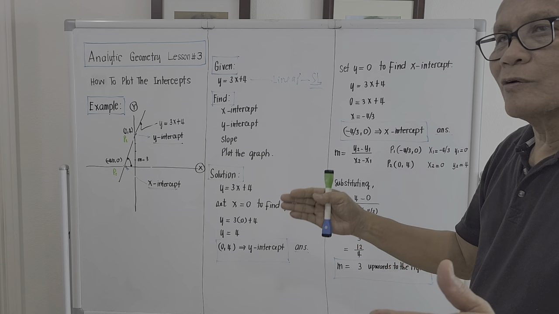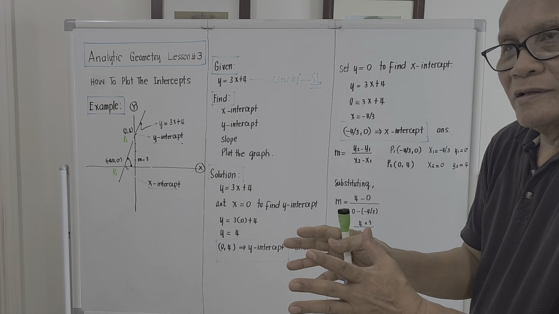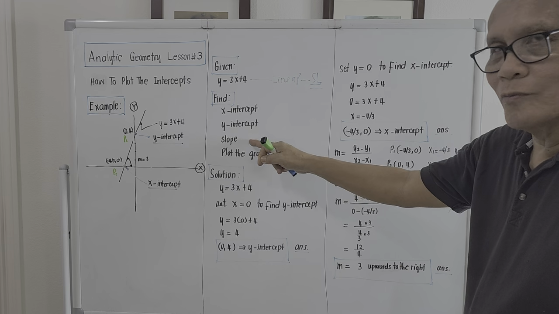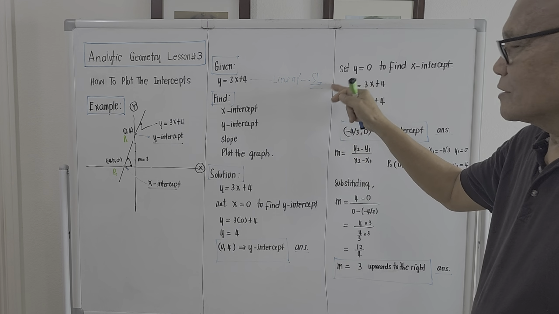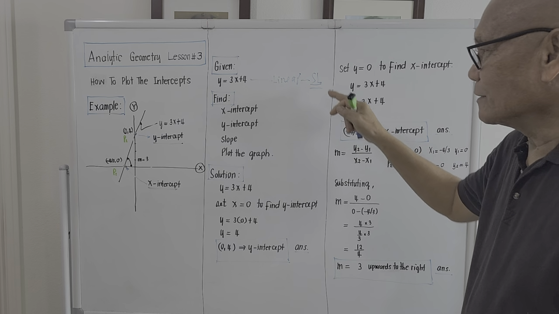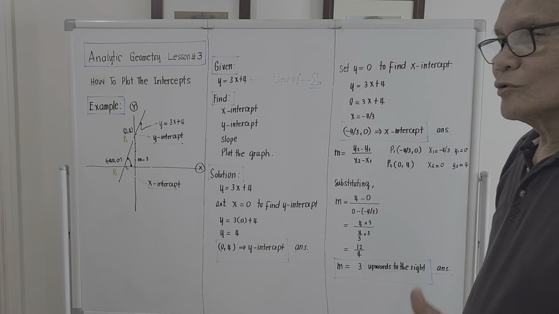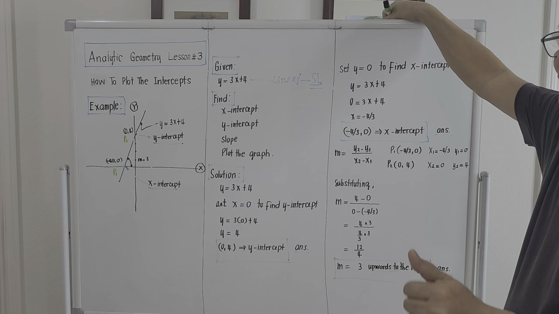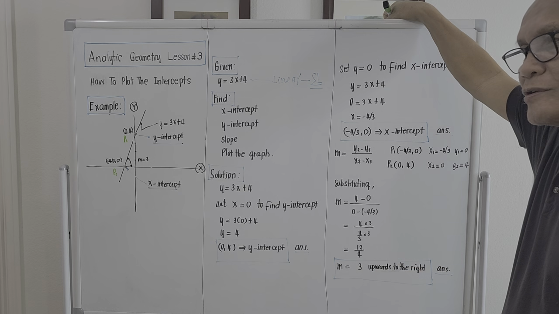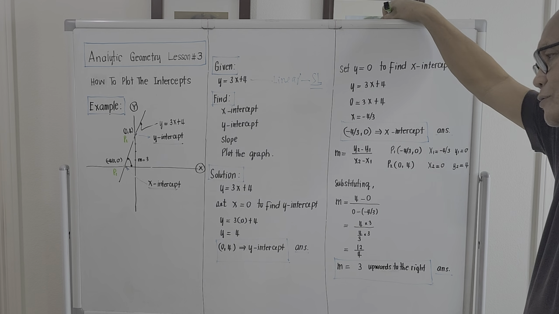Y-intercept, what will be the coordinates of the y-intercept. As an addition to the topic for tonight, what will be the slope of the given straight line. And plot the graph. To best illustrate the computation of the coordinates of the x and y intercept and the slope, we'll proceed with the solution.